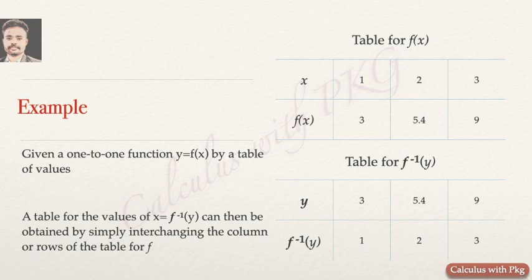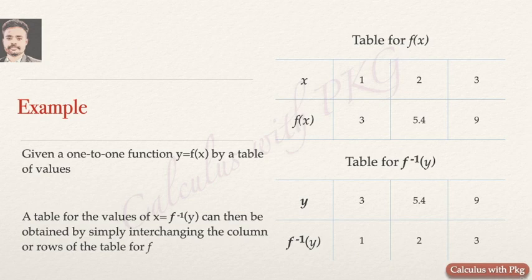So let us take an example for better understanding of f inverse. Given a one-to-one function y equal to f of x by a table of values, we can see the table on the right side of the slide, where I have given a table for f of x which consists of x values as 1, 2 and 3, and the function output values f of x as 3, 5.4 and 9.